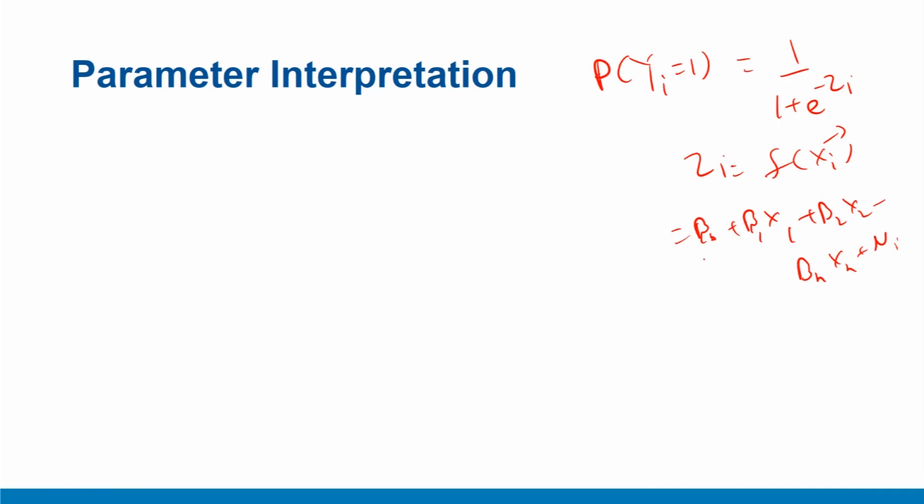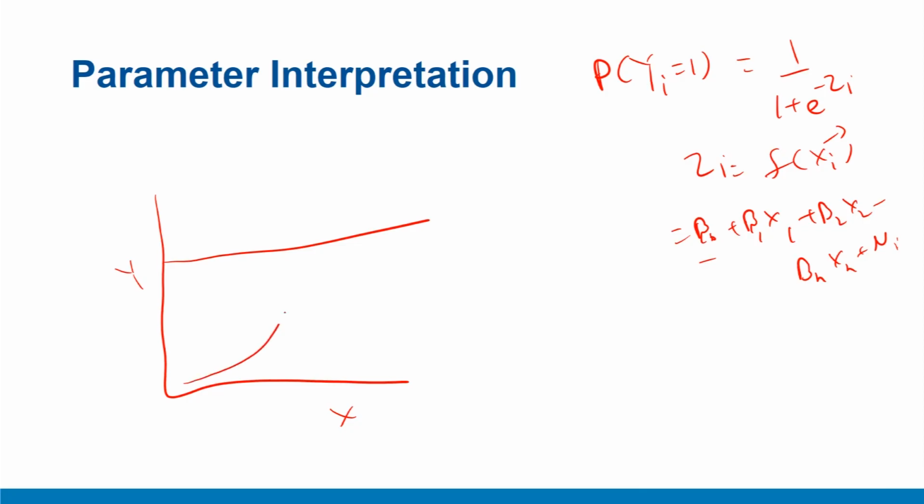So recall, this is the form of function which was non-linear in nature, and its behavior on xy axis is captured like this, like an S curve, where the limiting cases are 1 and 0. So on the left side the limiting case is 0, and on the right side the limiting case is 1.